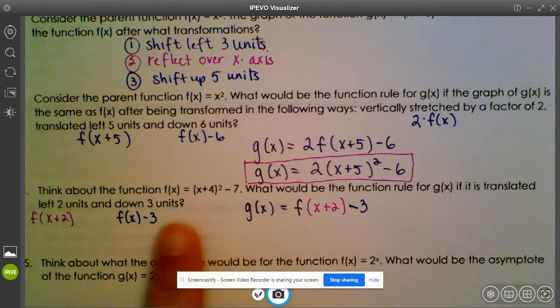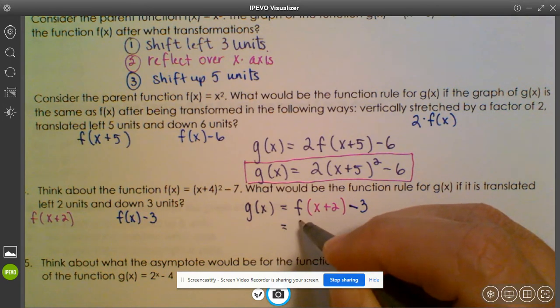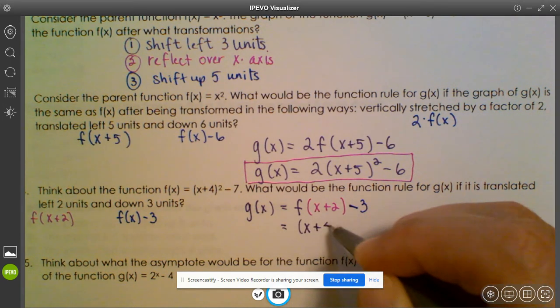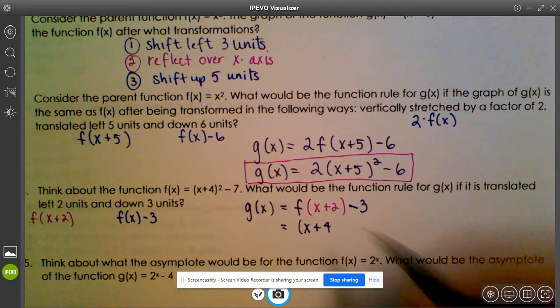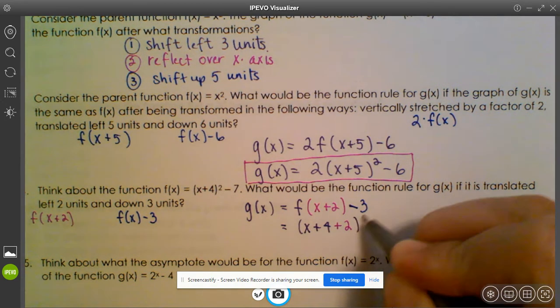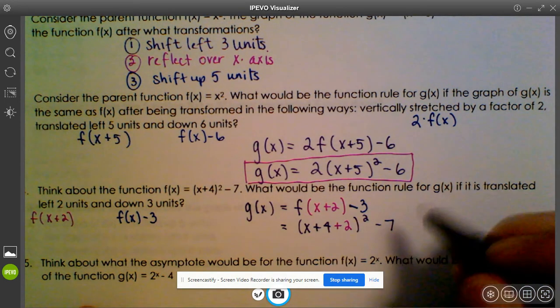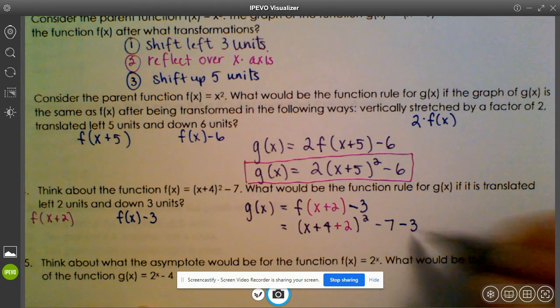But we have our f function. Our f function is here. So this is what's going to happen. So this will be x plus 4 plus 2 minus 7 minus 3.